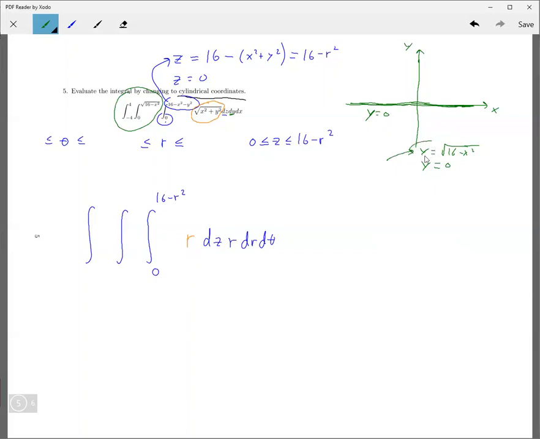I'm just asking, what's the equation of this right here? I guess you could square both sides and get that. What's this an equation of? A circle, right?